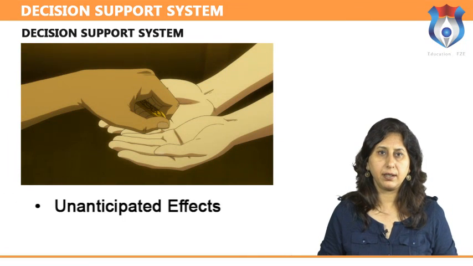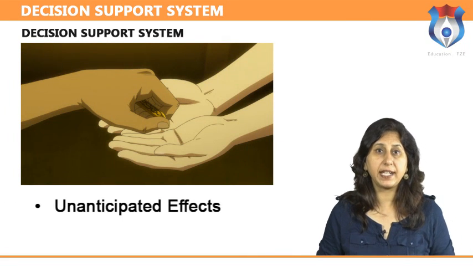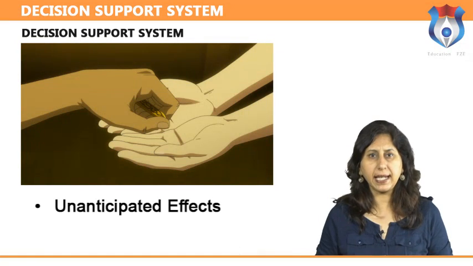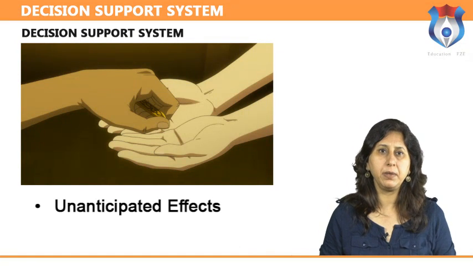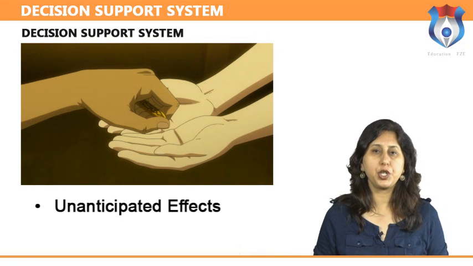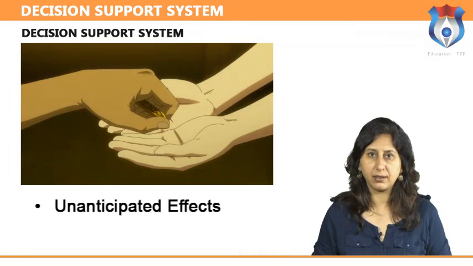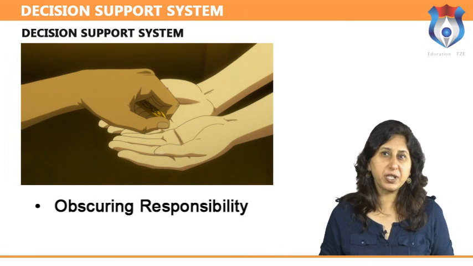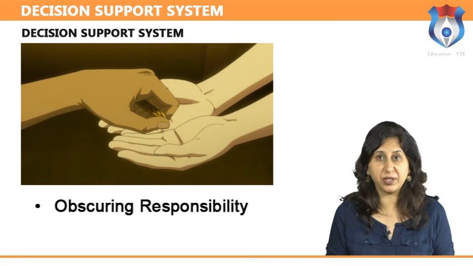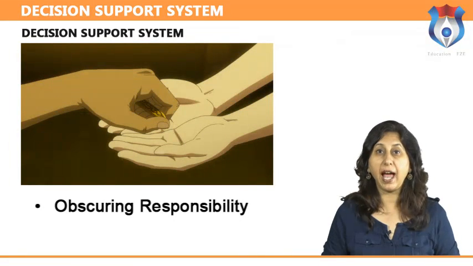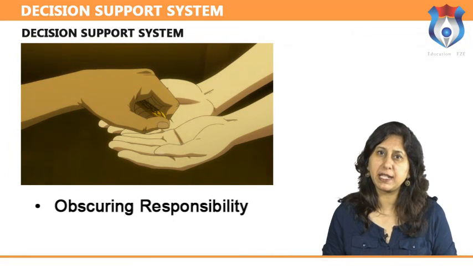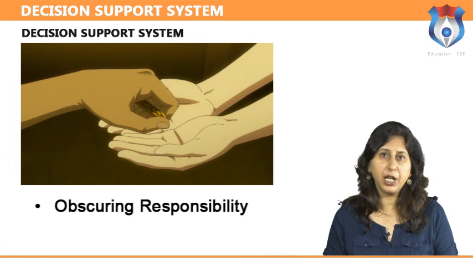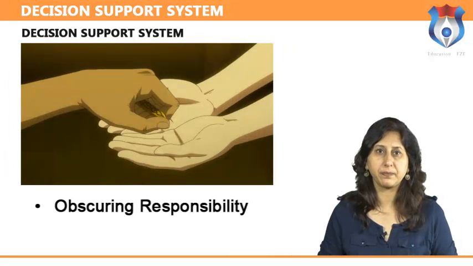Unanticipated effects. It is conceivable and it has been demonstrated that some decision support system reduce the skill needed to perform a decision task. Obscuring responsibility. The computer does not make a bad decision. People do. Unfortunately, some people may deflect personal responsibility to a decision support system.